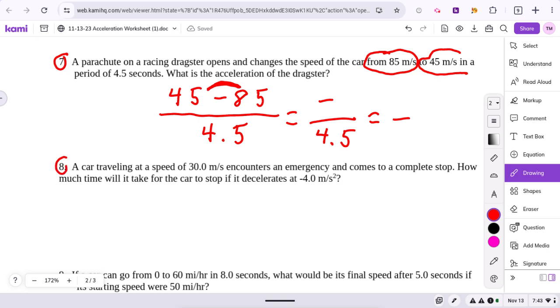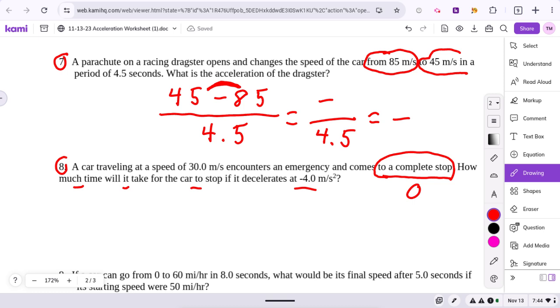So number 8, car traveling at a speed of 30 meters per second comes to a complete stop. So that's going to be the final velocity of 0. And it says how much time will it take for the car to stop if it decelerates at 4 meters per second every second.